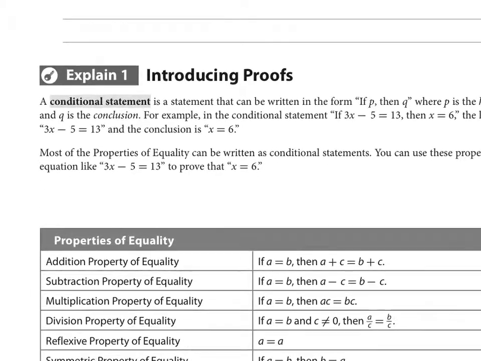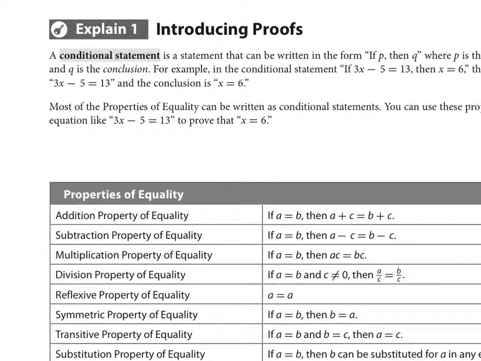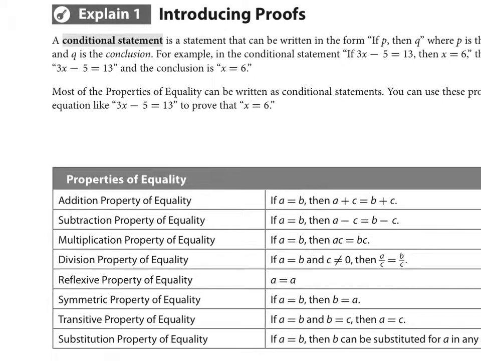And moving on, we're going to look at some statements that we actually use already. We just don't formally write them down. When you solve equations, you use these properties all the time. You see a long list of properties down here. The addition property, for example, says that you can add the same number to both sides. So if you have A equals B, then you can add C on the left side and add C on the right side.